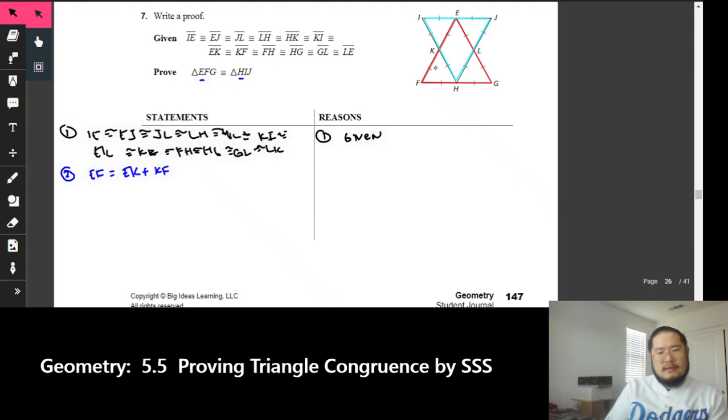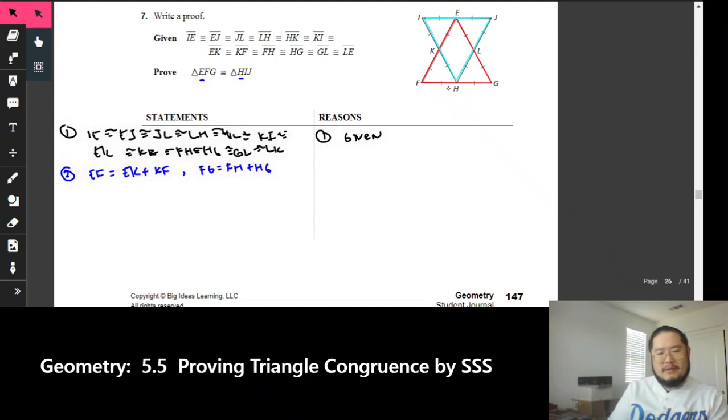We're saying once again, EK plus KF is equal to the whole thing, E to F. Next, we have FG is equal to FH plus HG.